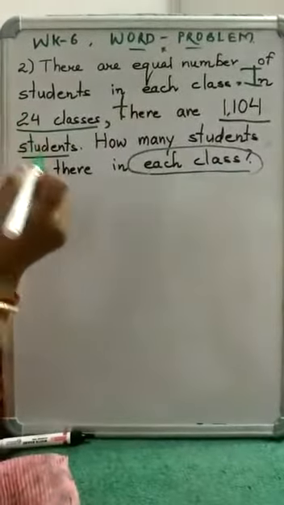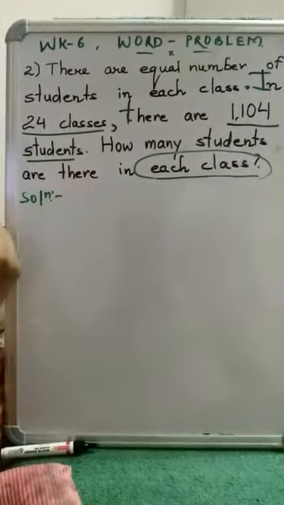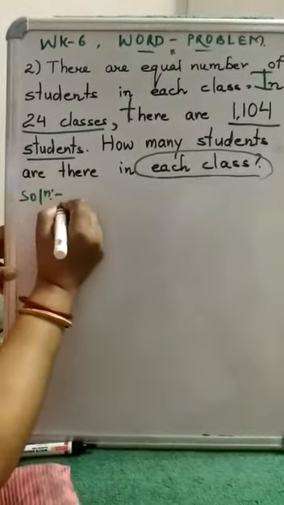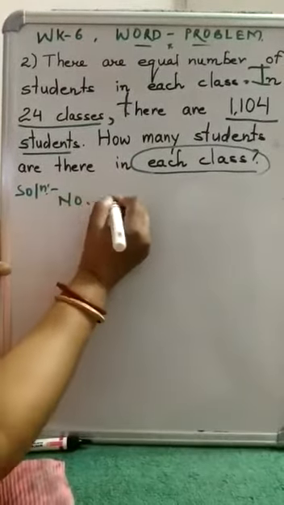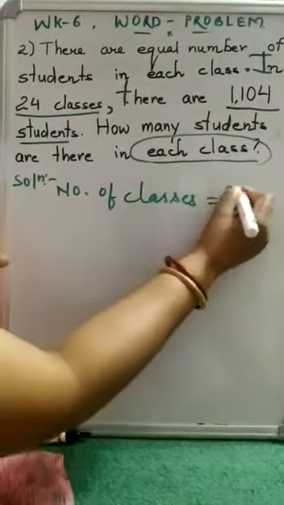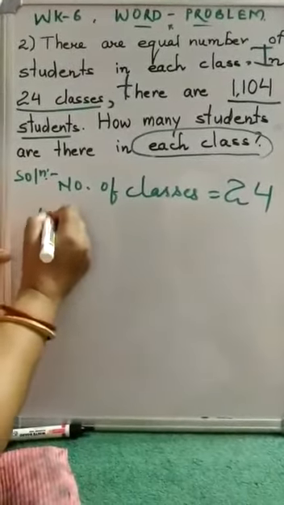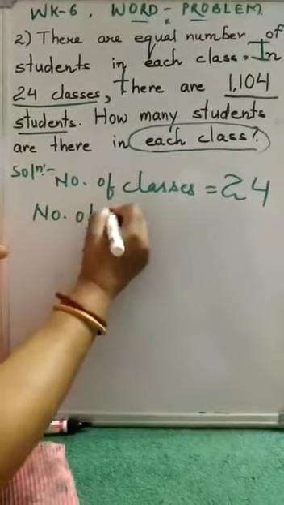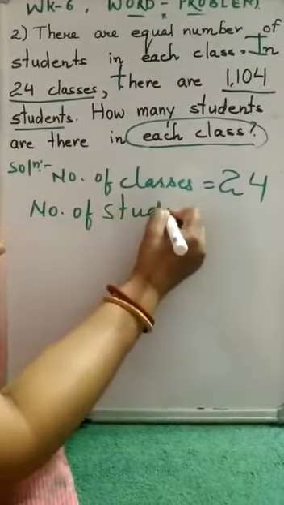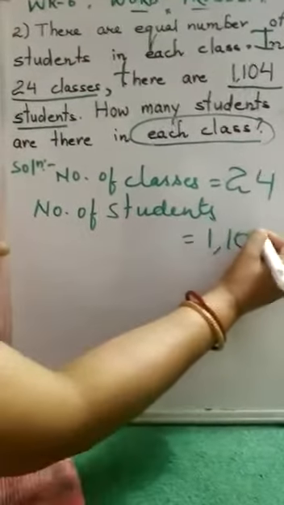Solution. Number of classes is equal to 24, correct? Number of students is equal to 1104.